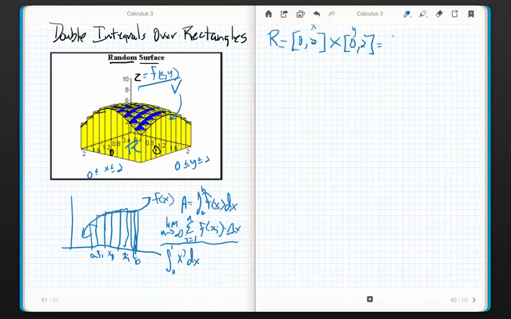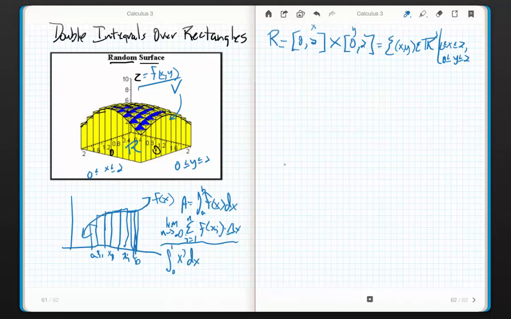Another way to say this is it's the set of all x, y in R2, in 2 space, such that x is between, inclusively, 0 and 2 and y is between 0 and 2. Now, if we were dealing with a different surface with different rectangles, the general case would be from A to B and then from C to D, right? Does that make sense? Hopefully it does.